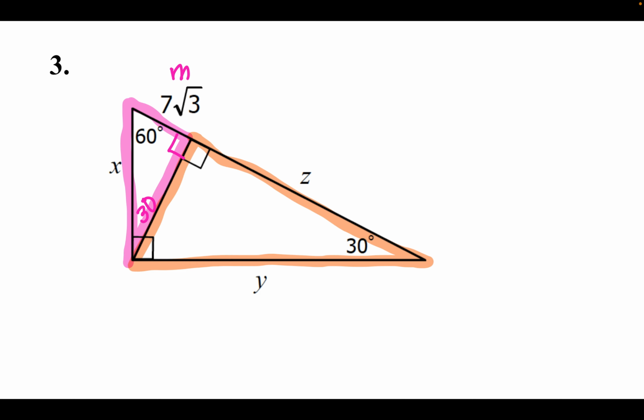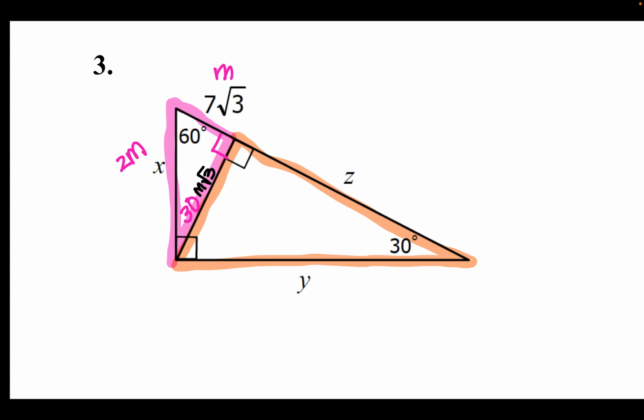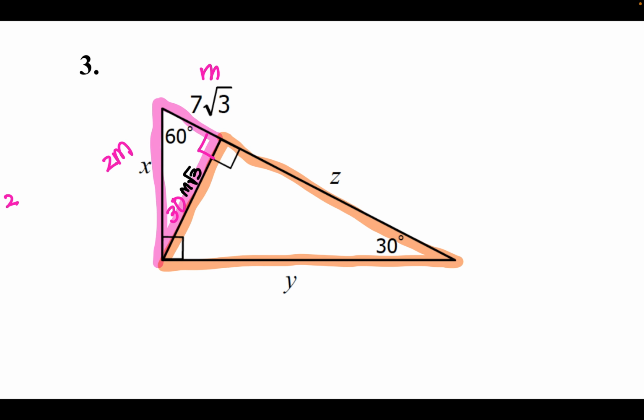this 7 square roots of 3 is our m, x is going to be 2m, and this shared side is m square roots of 3. So to find x, we're just going to do 2 times 7 square roots of 3.